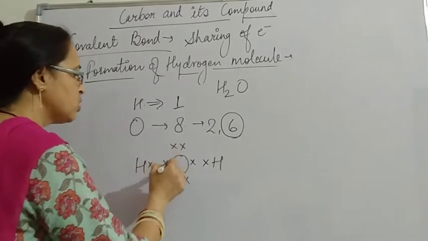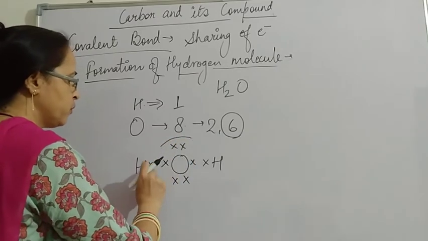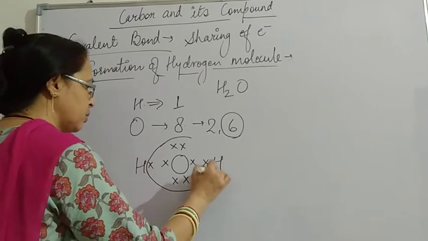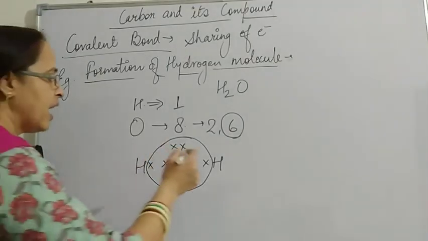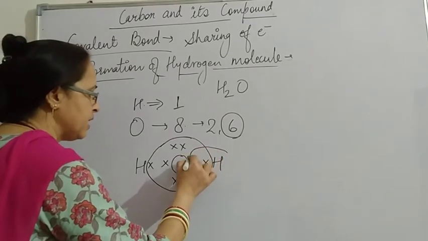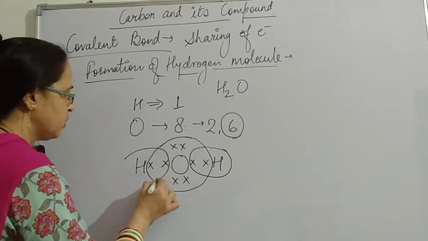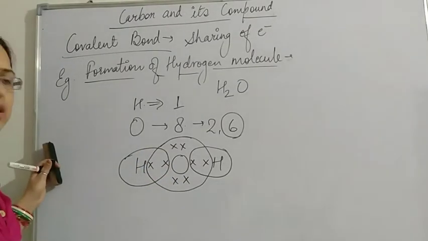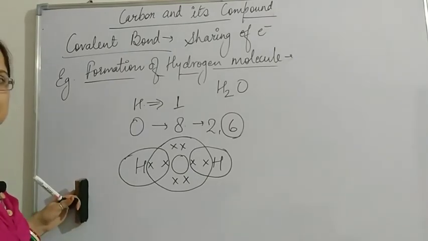So this oxygen will share 2 more, making 4, 5, 6, 7, 8. In this way the octet of oxygen is completed by sharing the electrons of the two hydrogens, and each hydrogen completes its first shell by sharing the electron of the oxygen. In this way the molecule of water, or the electron dot structure of H2O, is completed.